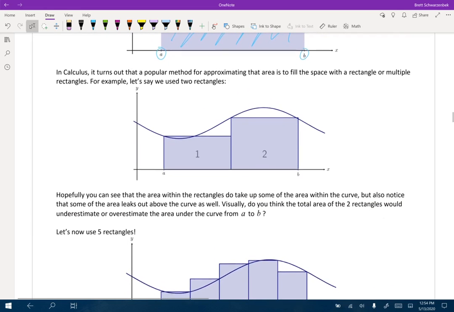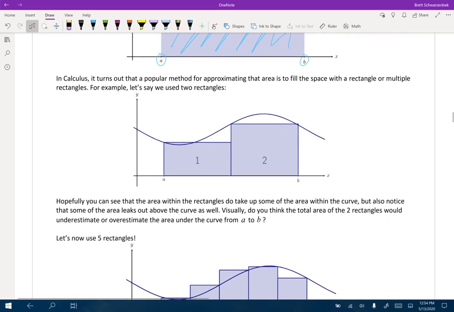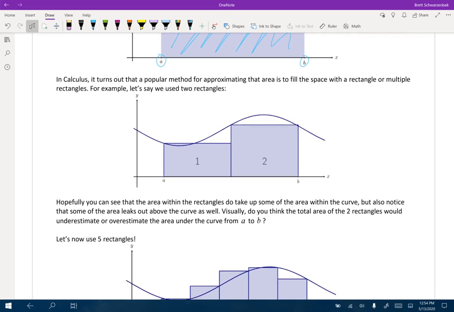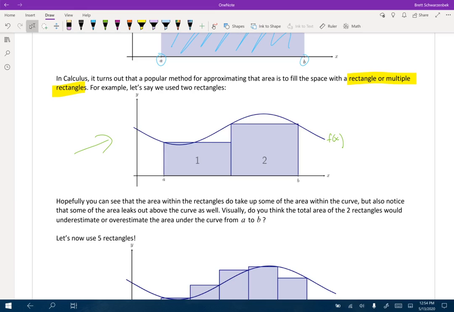One of the most popular methods for attempting to approximate that area is to fill the space with rectangles, or multiple rectangles. If you look at our next picture here, we have the same curve, same exact curve, f of x. But what we did was we filled the curve with rectangles instead.